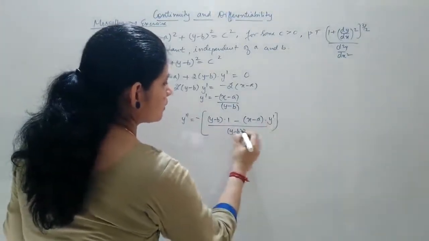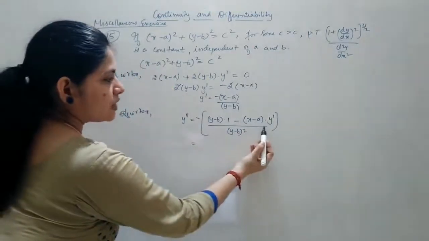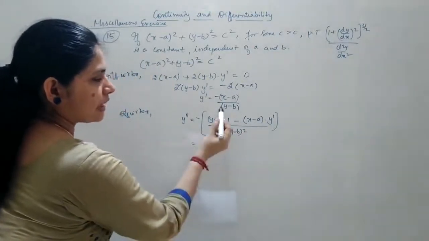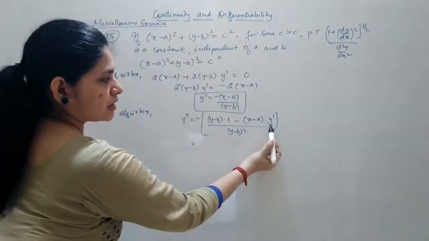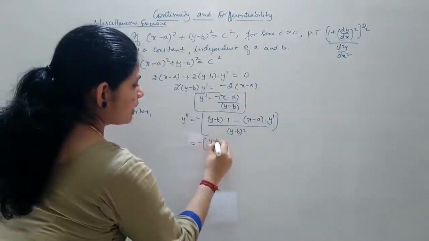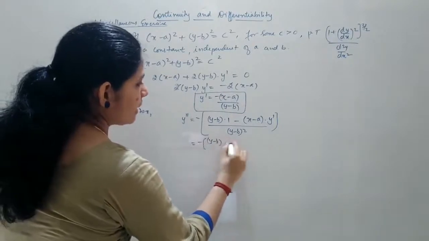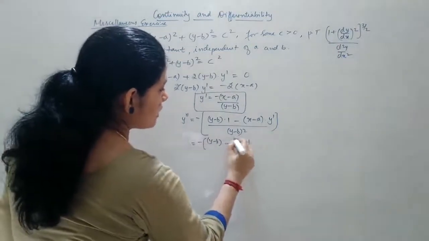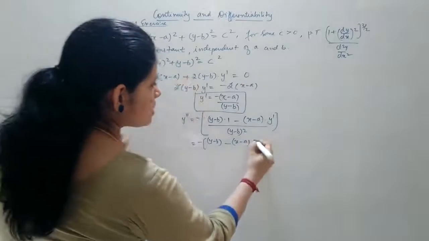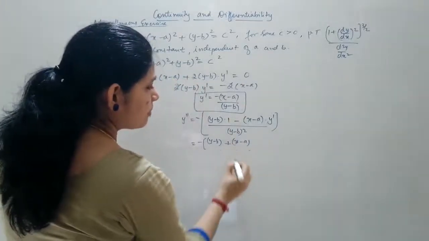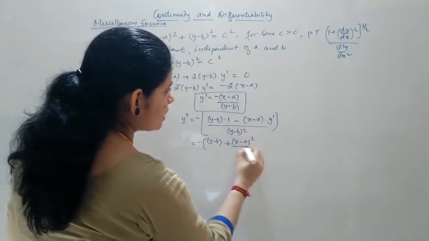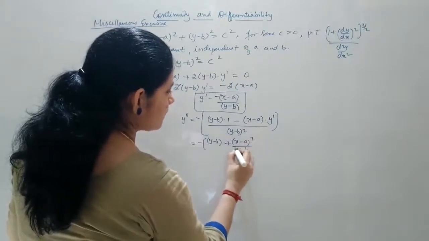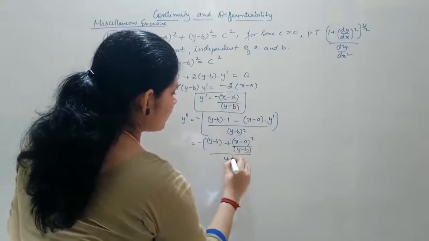Now we are just replacing the value of y dash which we have already got. So minus of (y minus b) into 1 minus (x minus a) into y dash, which is negative of, so it will become positive here, (x minus a) into (x minus a) the whole square divided by (y minus b), whole divided by (y minus b) the whole square.